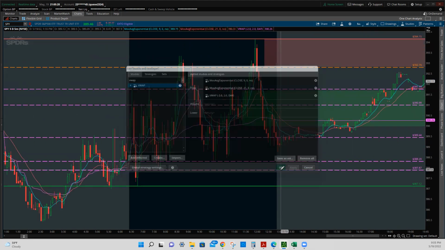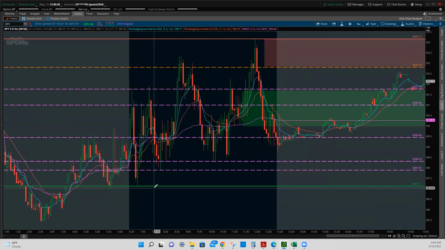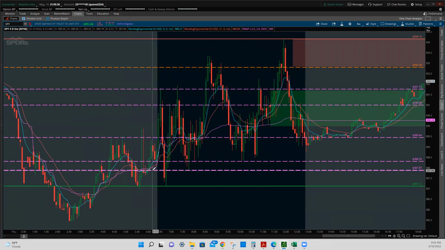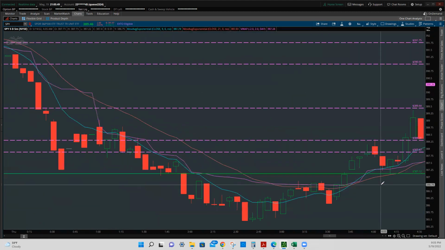Now, as you can see, there's a lot going on with this chart, right? And that's because, for one, we have these lines here, which are our support and resistance, and then we have our moving averages, which are these lines here, right?